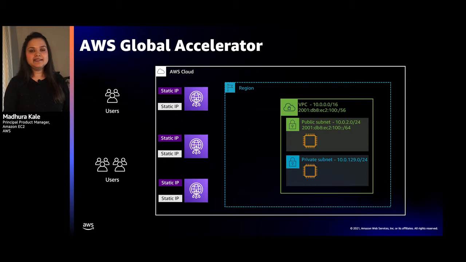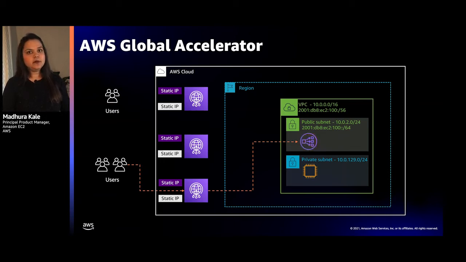The static IPs are anycast from multiple points of presence around the world that enable your users to find the nearest edge location to hop onto the AWS network and be most efficiently connected to your application. Now, the accelerator can point to your application, where it could be an EC2 instance, an IP address, a network load balancer, or an application load balancer.